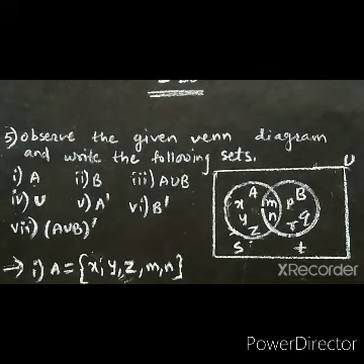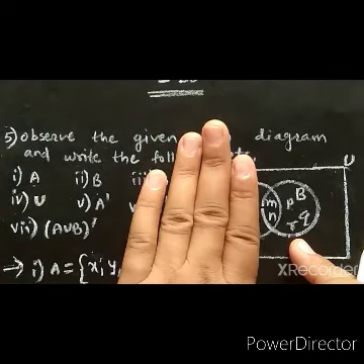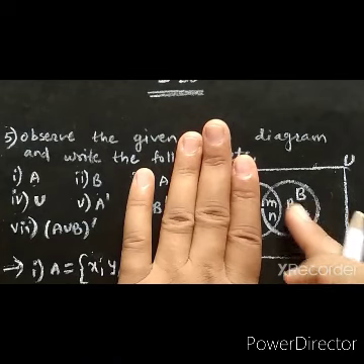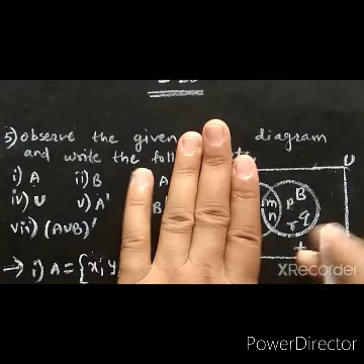Next, number 2, set B. Now find the elements of set B. Here we have p, q, r, m, n.